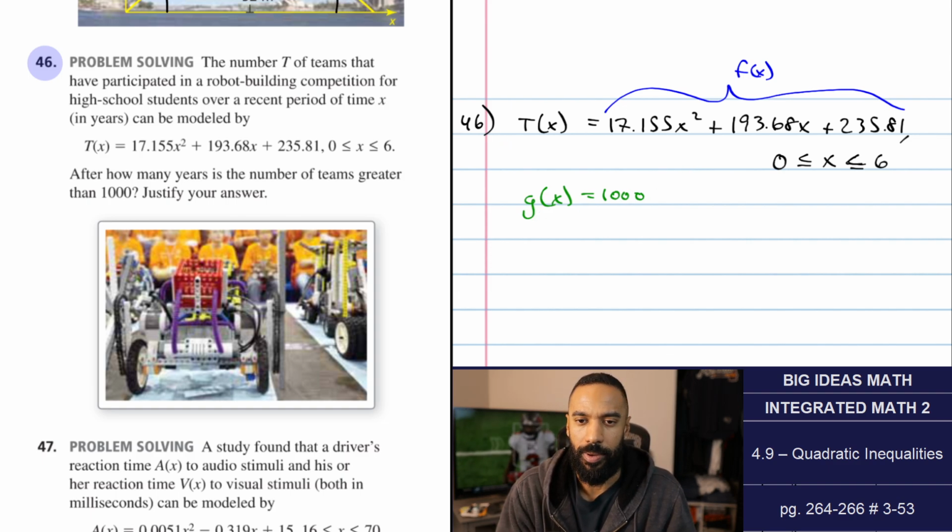So I'm going to go back to the graphing calculator and make those two equations, the bottom one being 1,000, and then 17.155x squared.